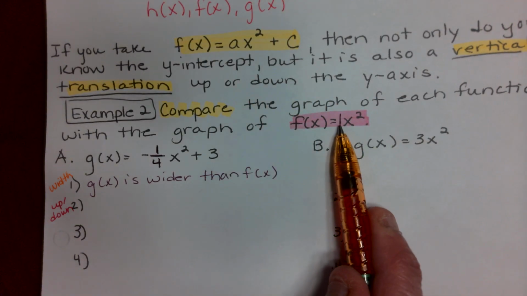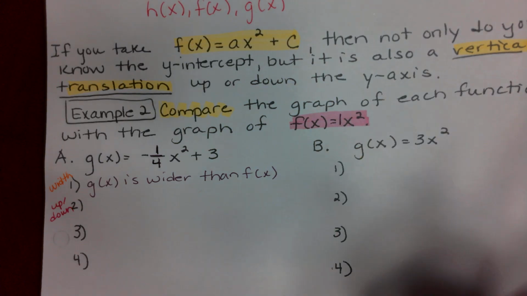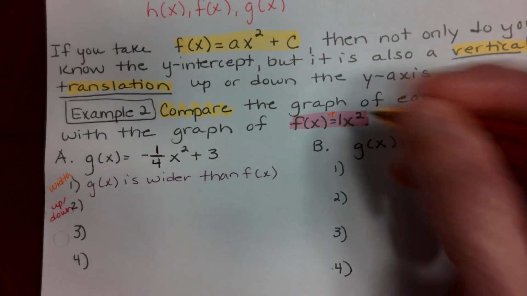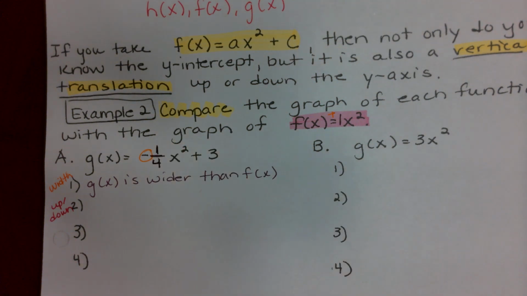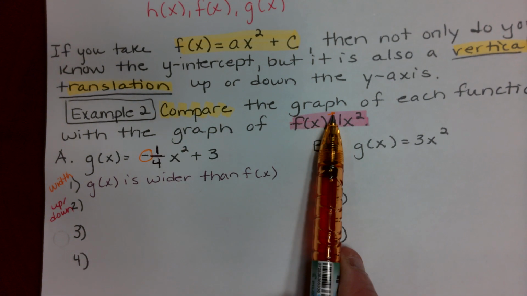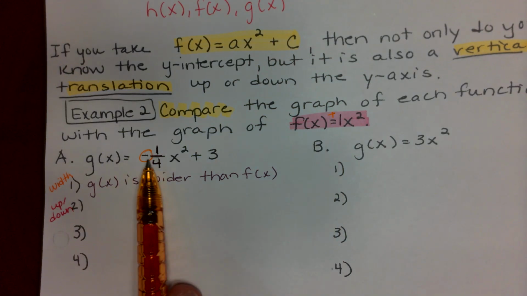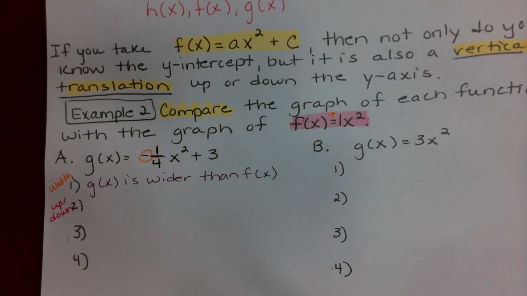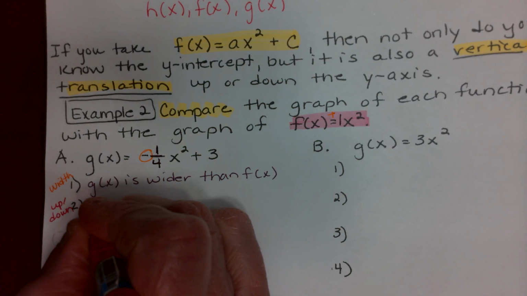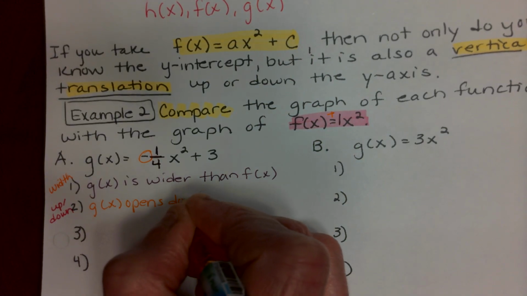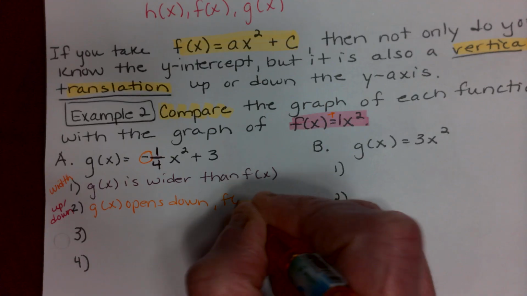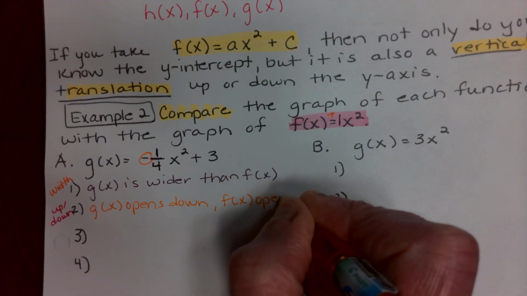So when we look here and we see this is a positive, that's the part we're concerned with there, positive. This one is a negative. So they are not going the same way. F of x is opening up, and g of x is opening down. So that's what you would literally list. G of x opens down, f of x opens up.